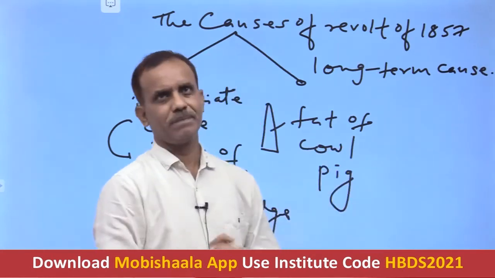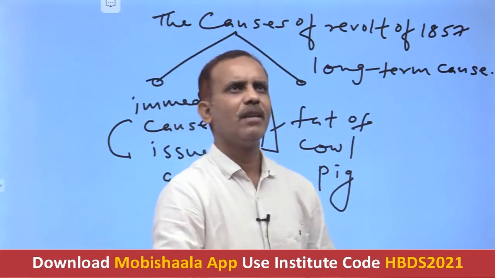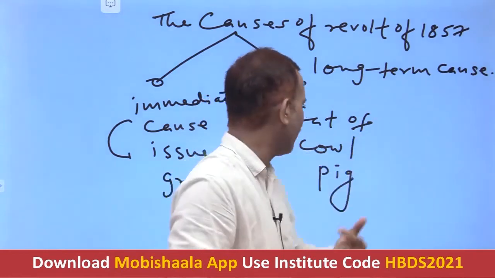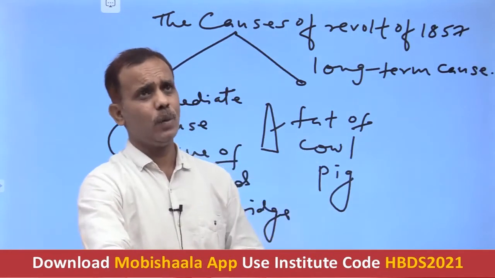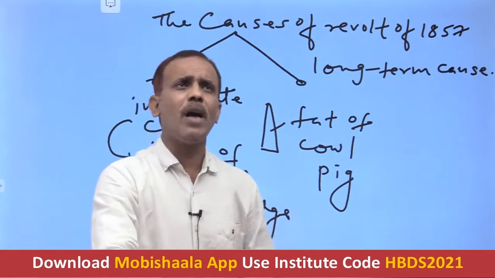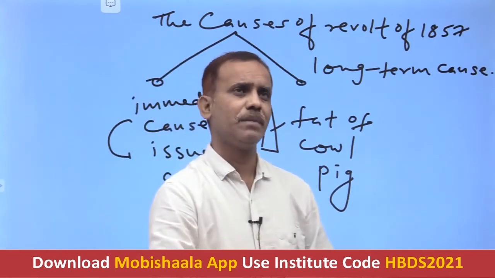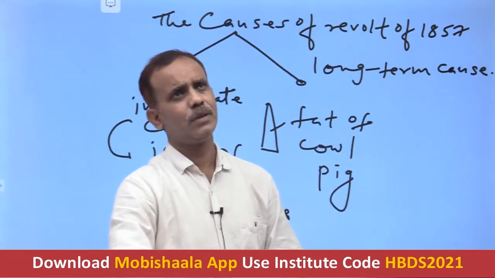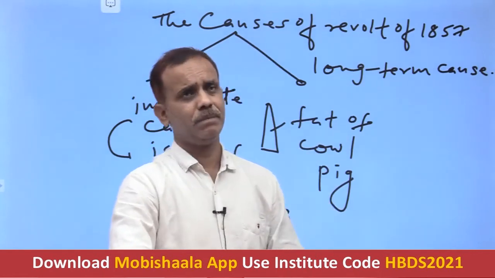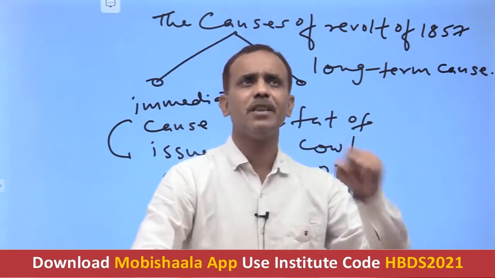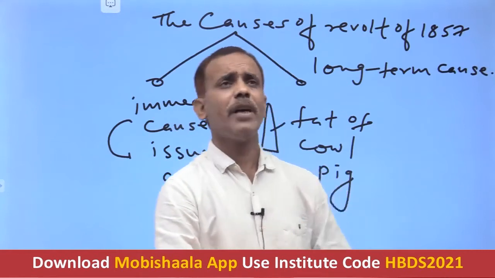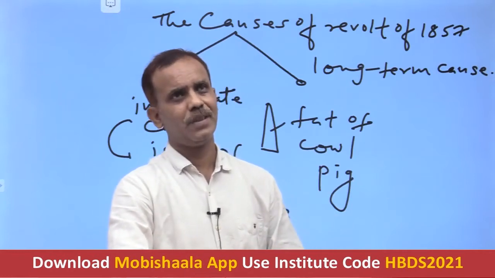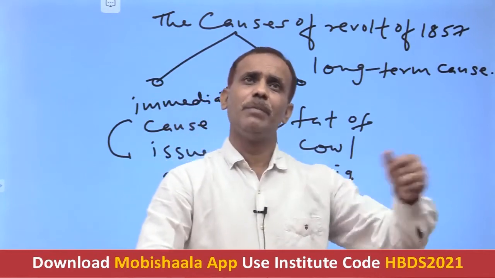It was a rumor that the cartridge given by British government was made of the fat of pig and cow. And so the Indian sepoy realized that British government is making effort to deprive them from their religion, and that's why they denied to use this cartridge and also revolted against British government.